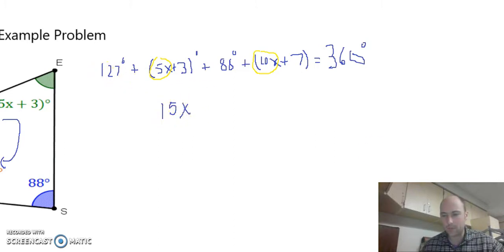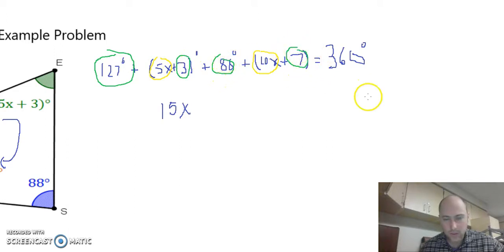Then we can also add up all these other numbers, which are like terms as well. 127 plus 3 is 130, plus 88 is 218, plus 7 is 225. So 15x plus 225 equals 360 degrees.